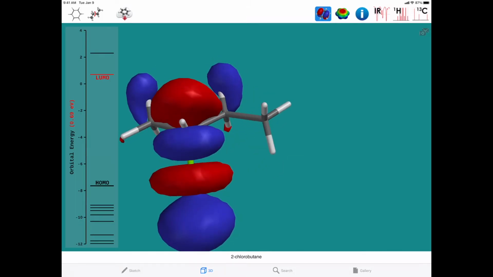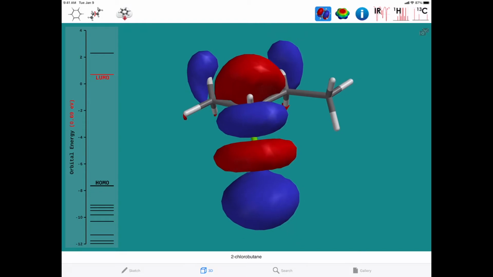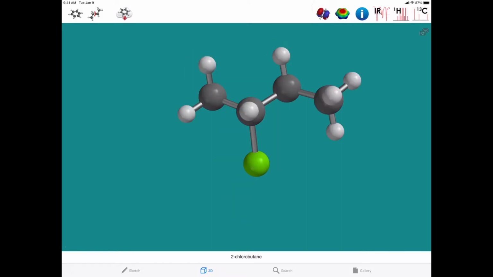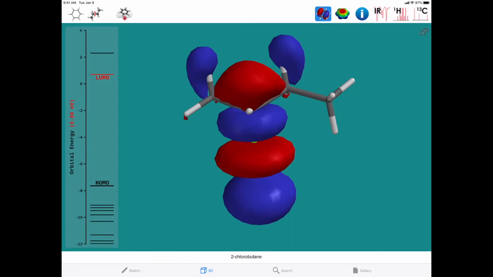I guess I need to get the laser pointer out. So these are the results of calculations. Here is the carbon-chlorine bond pointed downward. We can turn that off, right? You can see there's a carbon-hydrogen bond coming out at us. This is the sigma star.